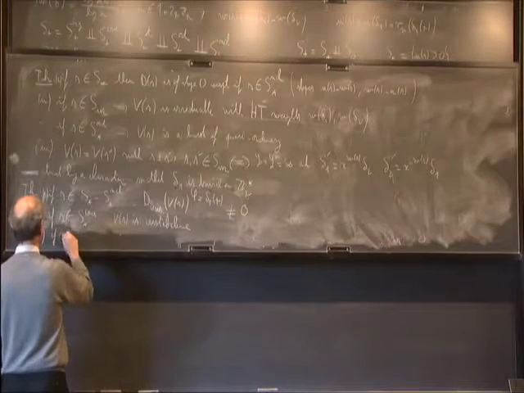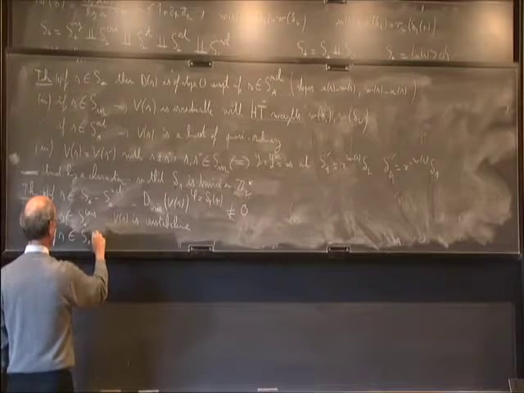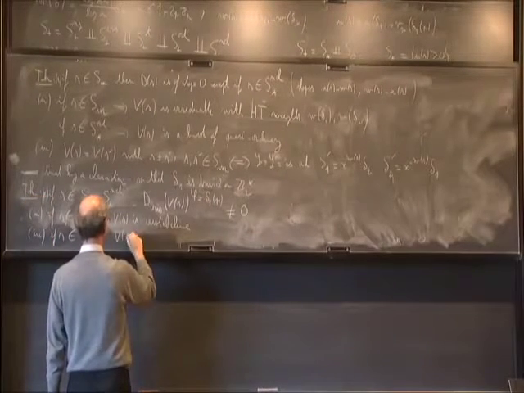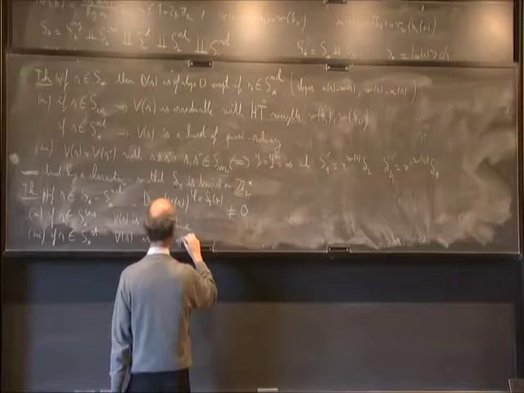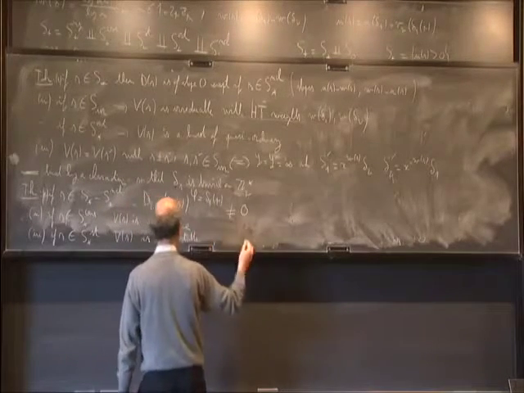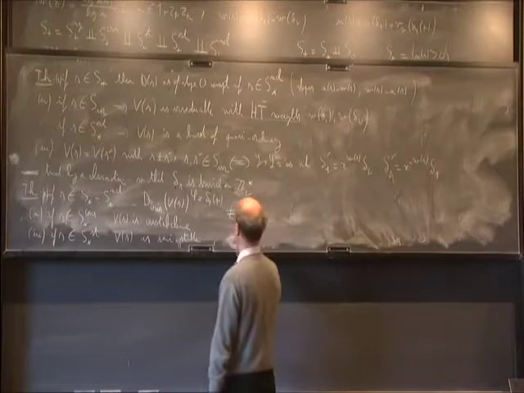If S is in S star ST, what you get is that V of S is semi-stable, but with a non-trivial N.